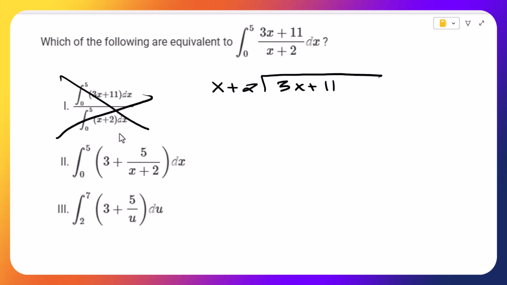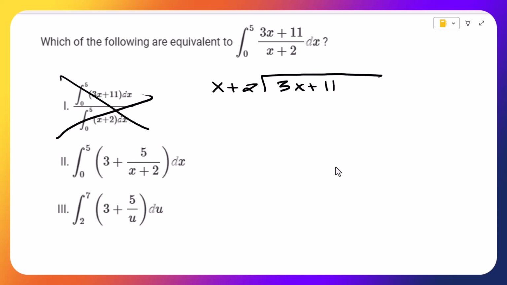You can pause the video now. I'm not going to show the work for this; I'm just going to go to the answer. I did another video on long division. But you should get 3 plus 5 over x plus 2.